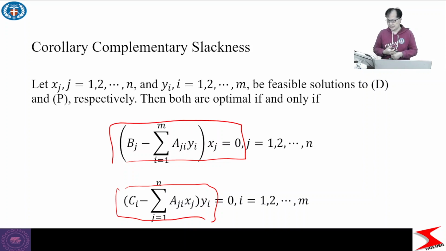We call this complementary slackness. Basically, it can determine whether the feasible solutions of the dual and primal are optimal, and this condition is if and only if. I already did the proof. So we call this complementary slackness.